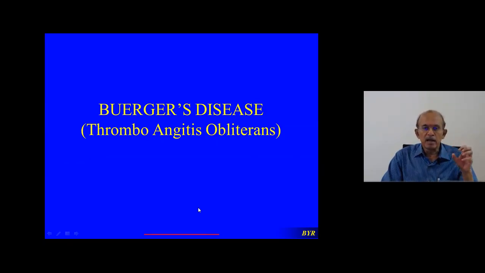Even with balloon dilatation, you can't dilate it. That means angioplasty cannot be done. In such cases, you have to go for only the bypass operation. So in severe cases where angioplasty cannot be done, or where angioplasty fails, you have to go for bypass. So both grafting and stenting are called limb salvage procedures.